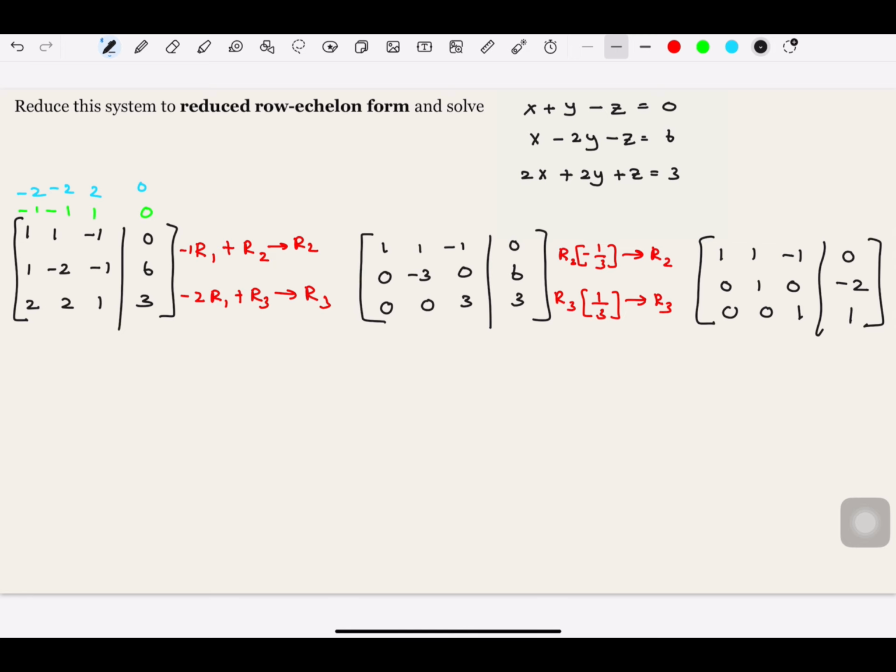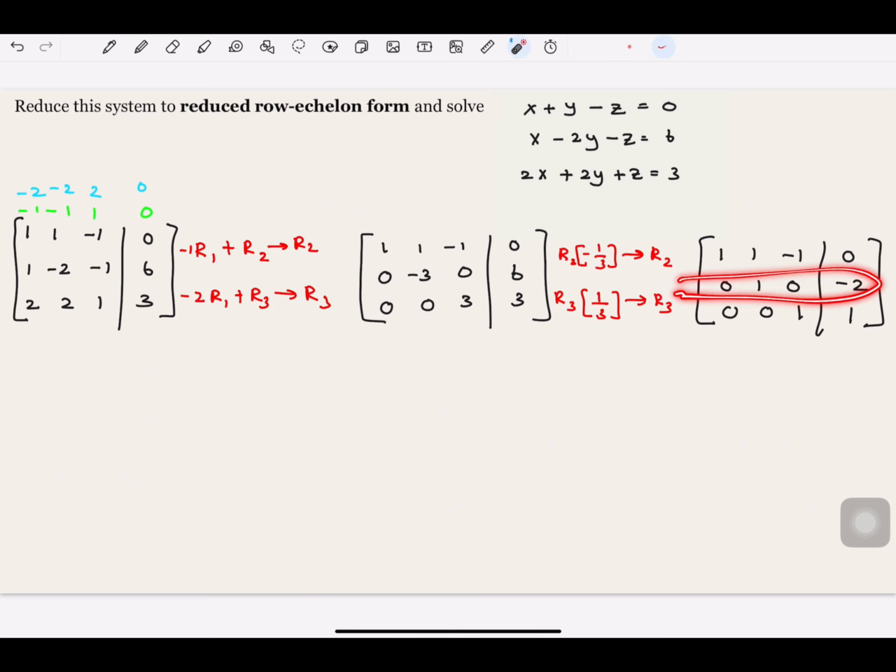Well, this is good, but we still have non-zero entries in this augmented matrix. So I'm going to remove these non-zero entries using two more row operations. To get rid of this, I'm going to multiply this row by -1 and add it into R1.